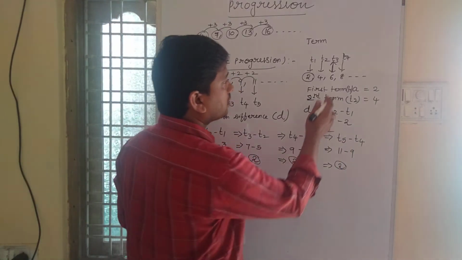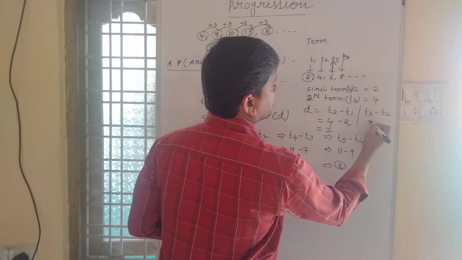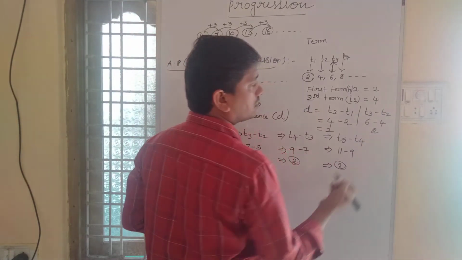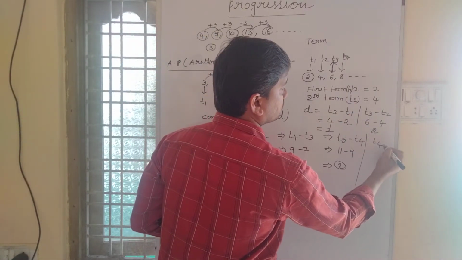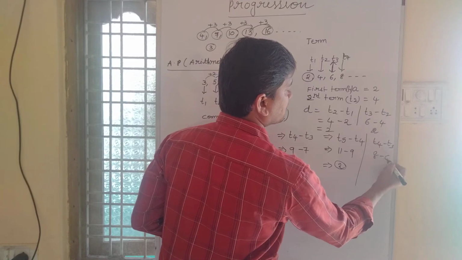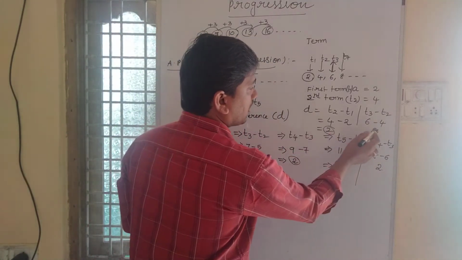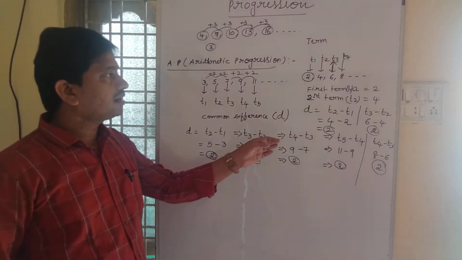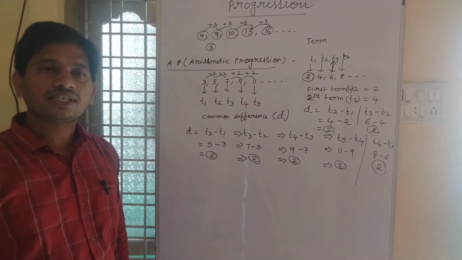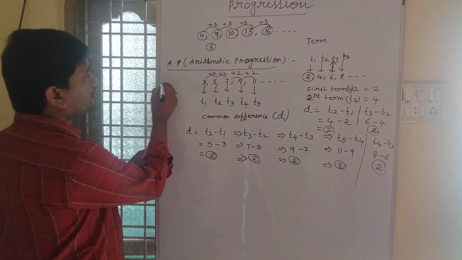Let us find T3 minus T2, that is 6 minus 4, which is also 2. Let us find T4 minus T3, that is 8 minus 6, which is also 2. I mean, the common difference is constant in each and every case, then we can say that the given sequence is in arithmetic progression.